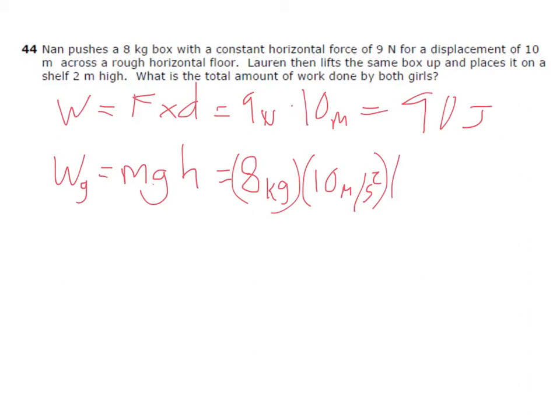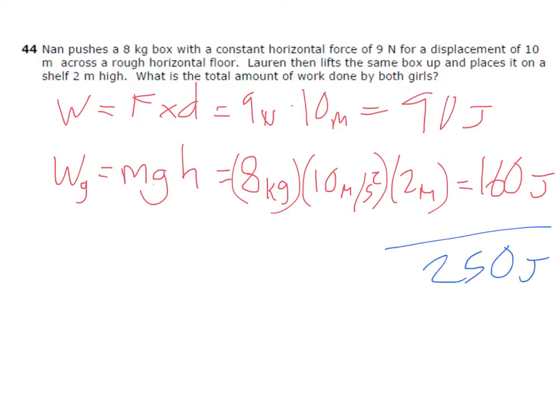And h is a shelf 2 meters in height. We multiply those all together. We get 8 times 10 is 80 kilogram meters per second squared, otherwise known as a newton, times 2 is 160, and 160 newton meters is 160 joules. If we add those all together, we get 250 joules of work done total.